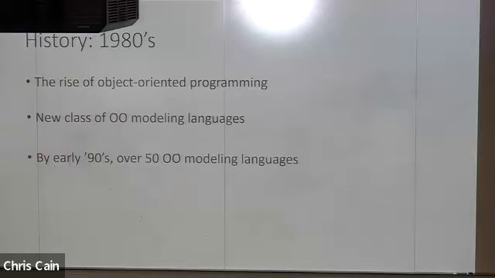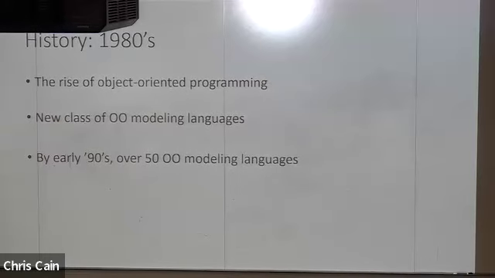I included a very brief amount of history in this because usually the history is not incredibly important to the modern day use of it, but there are a couple things that are at least worth pointing out. If you're going to come up with some pros and cons of UML, part of that just stems from how UML came to be. So in the 1980s, we had a big shift toward object-oriented programming from procedural programming.